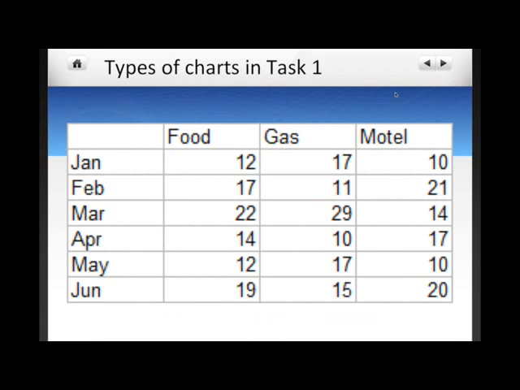And lastly, we look at the table. In the table, we can see very accurate data like 29. Also, you have noticed that this is the largest. And 10, the lowest. So, it sounds very similar to a bar chart. But I want to ask you one question.